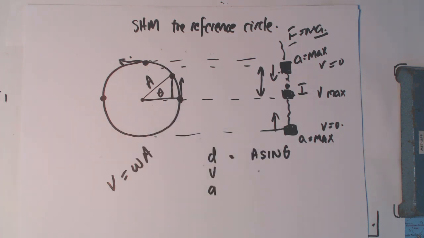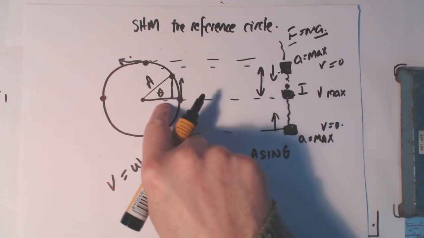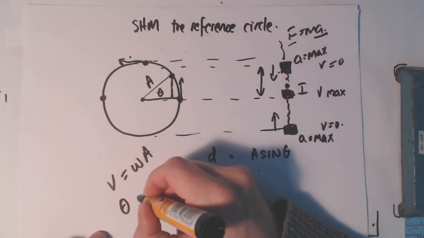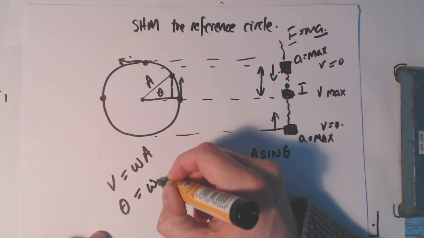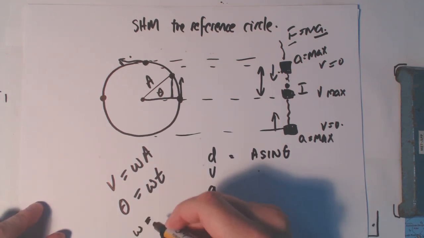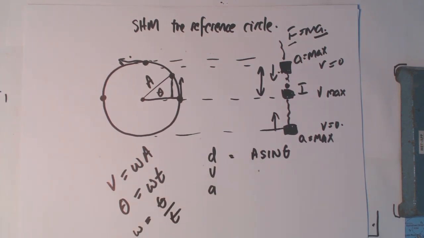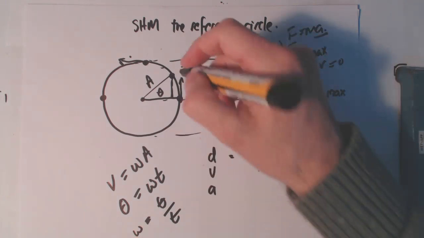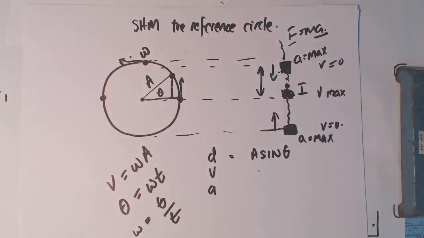What about the angle? If we start our clock at this point 0, equilibrium point 0, then we can also say that theta equals omega t. This just comes from that equation that we had before, which was that omega is equal to theta over t. Omega is my radial velocity, and that stays constant.